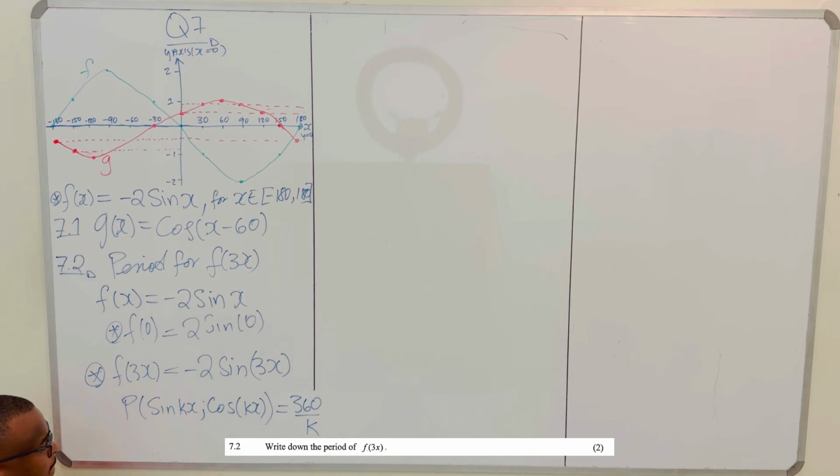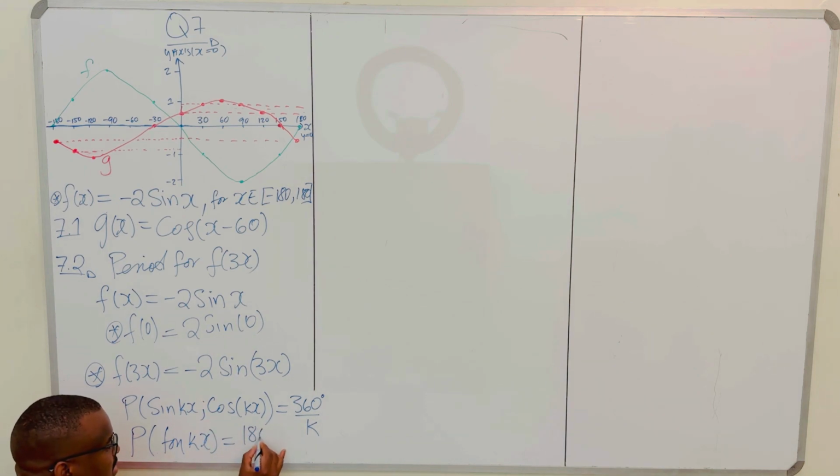Right? It's always 360 degrees divided by k. The k is the coefficient of x, and the coefficient of x here is 3. The coefficient of x here is 1. So, if you want a period, maybe for tan kx, it's going to be 180 degrees divided by k.